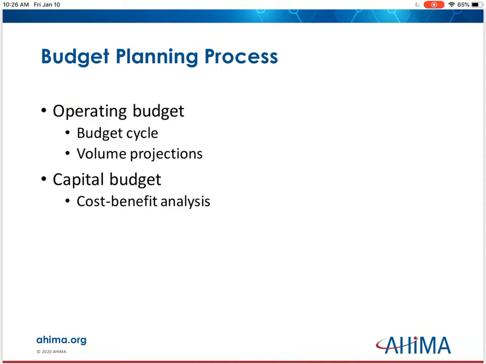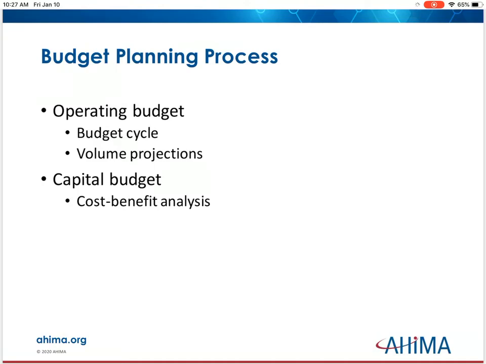Now, dropping down to capital budget planning, there are unique procedures to consider when developing a capital budget. Capital budget plans for the purchase of capital assets. So we talked about that. That's the physical things, property, plant, equipment items. We talked about MRI machines, CT machines.